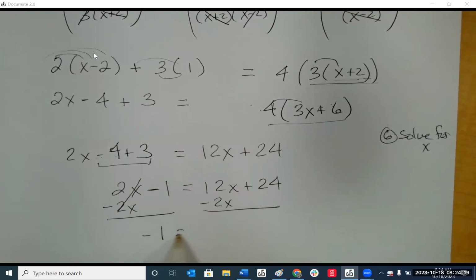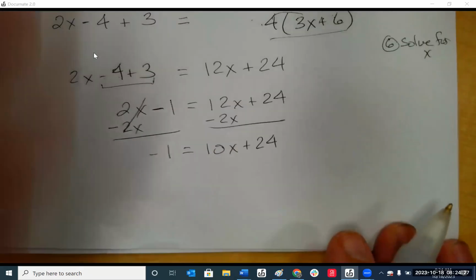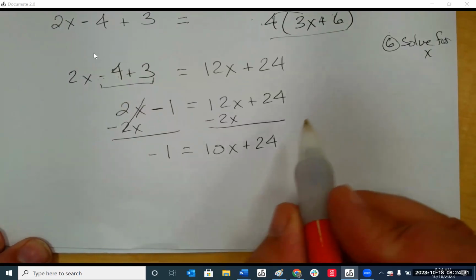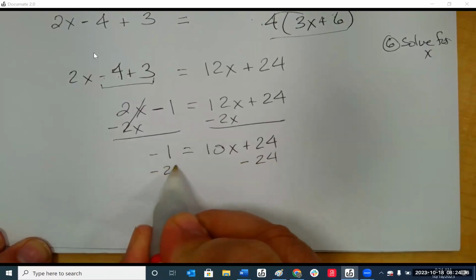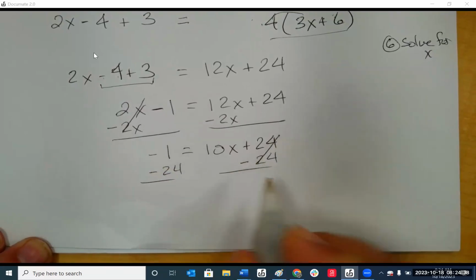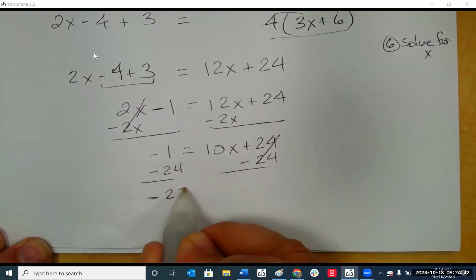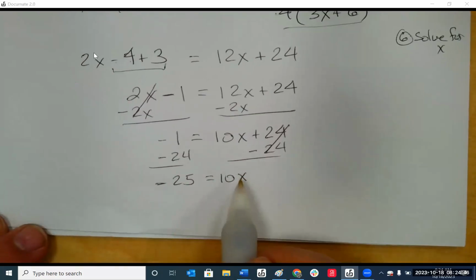We have negative 1, 12 minus 2 equals 10x plus 24. Subtract 24 from both sides. They're both negative. 24 plus 1 is 25. Try to get x by itself, so we divide by 10.